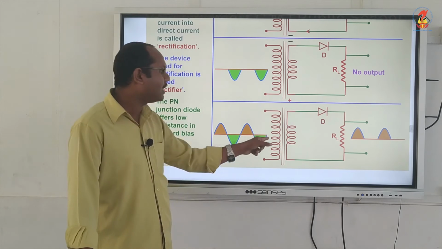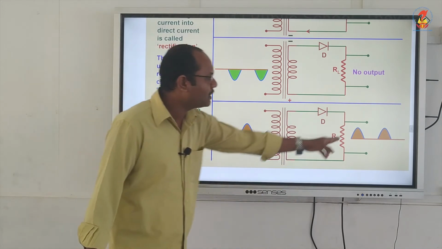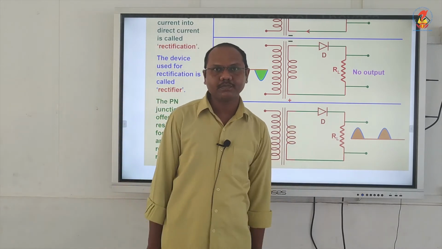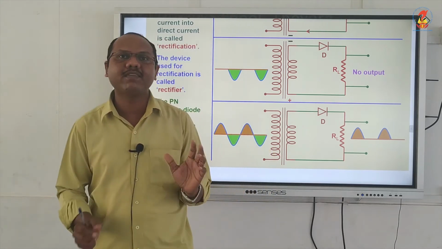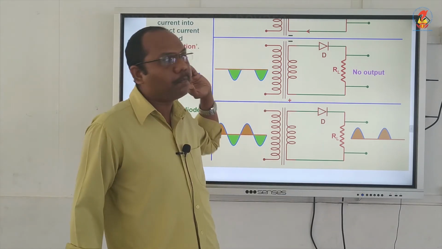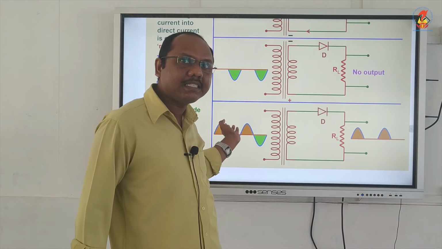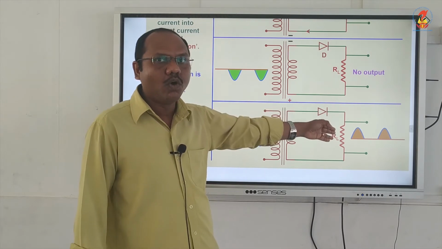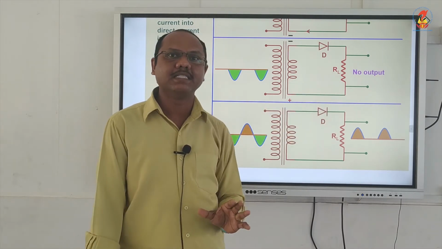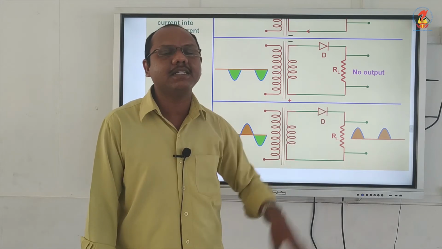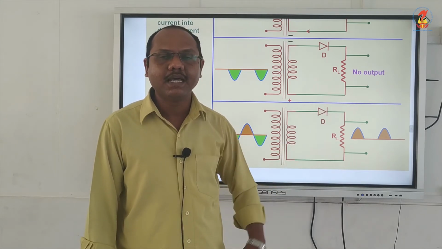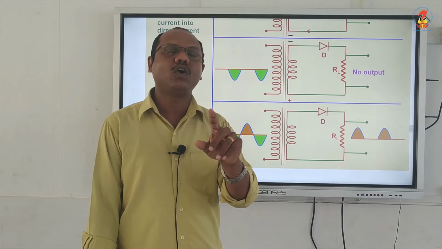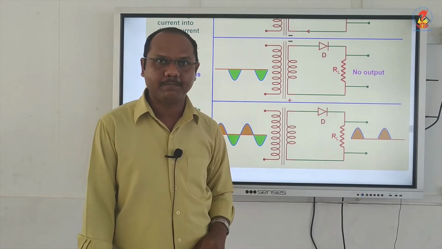During the negative cycle, the diode is in reverse bias and you won't get the output. This is called a half wave rectifier. For an AC, it passed only the positive cycles and eliminated the negative cycles of AC. That is why it is called a half wave rectifier.